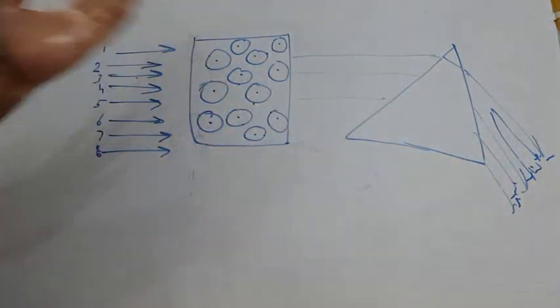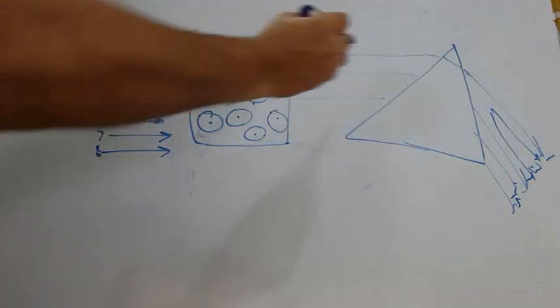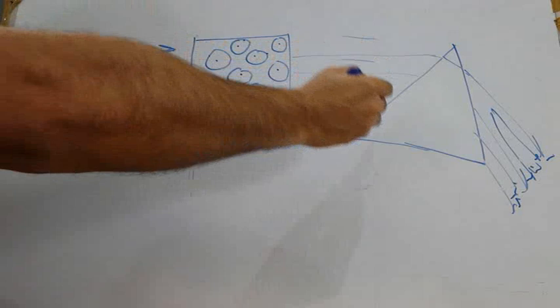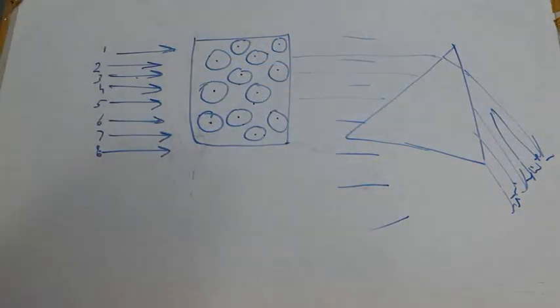Means the different frequencies are absorbed, and these are a number of frequencies which are found missing. First of all, the frequencies in the visible region could be observed by Balmer.